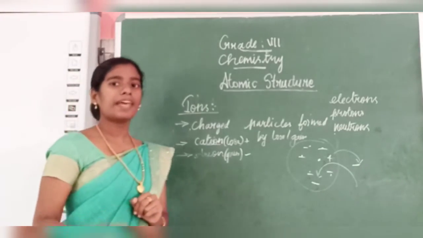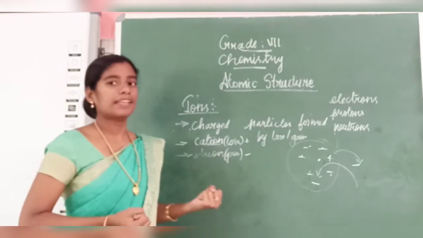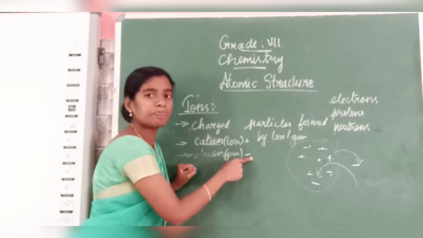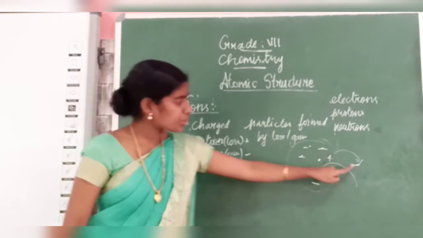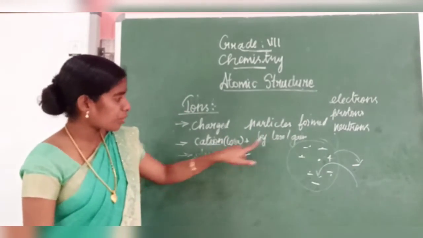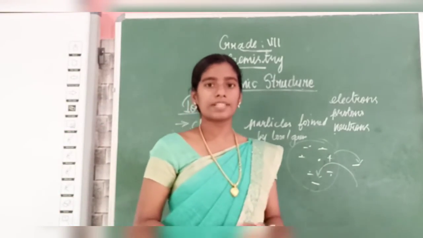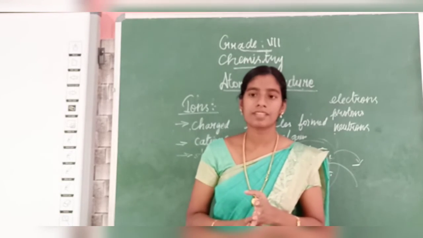So, when a particle accepts an electron, it will become negative and it is called an anion. It loses an electron and it will become positive. It is called a cation. So is it clear what is an ion, what is an anion and what is a cation?